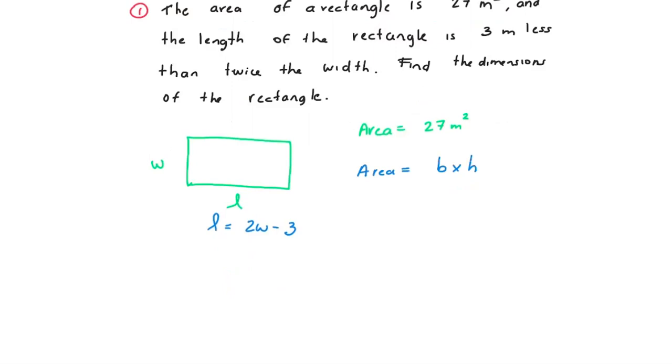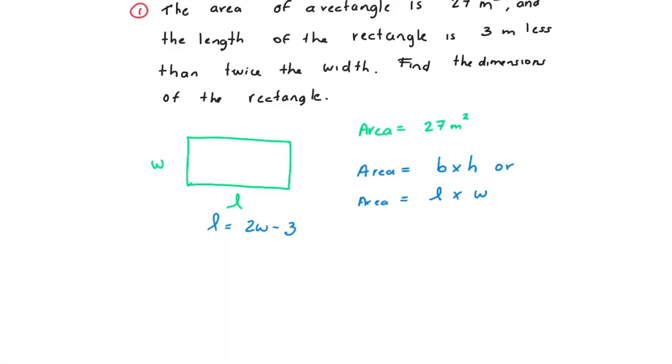That is a formula since forever. Or, which is the same, the area of a rectangle is going to be equal to length times width, all right? Well, in this problem, we can create an equation using the information provided by the problem.